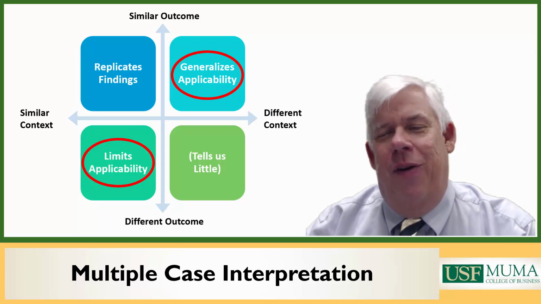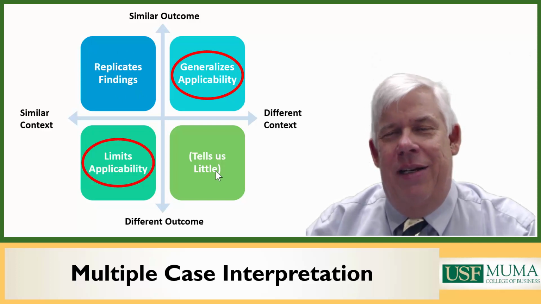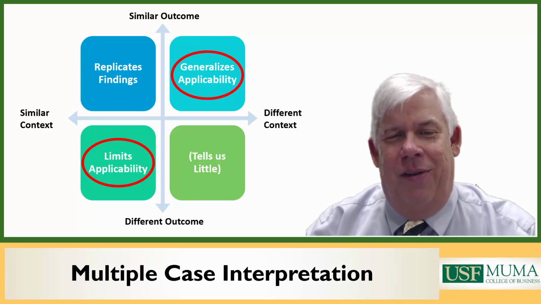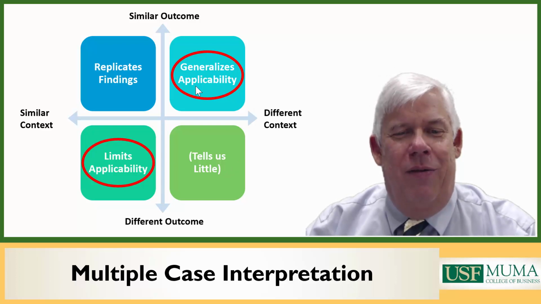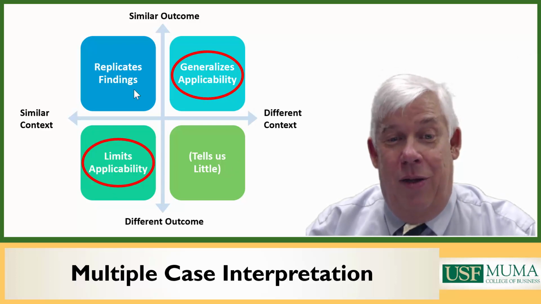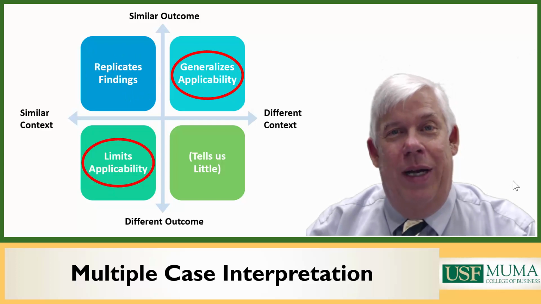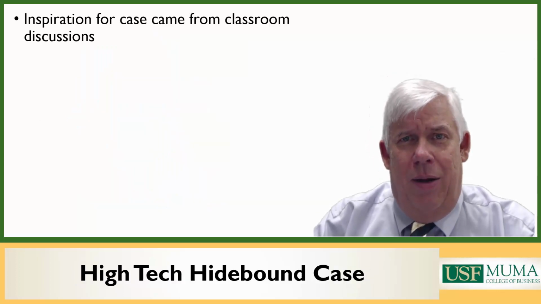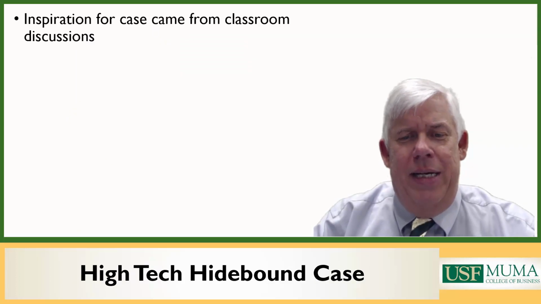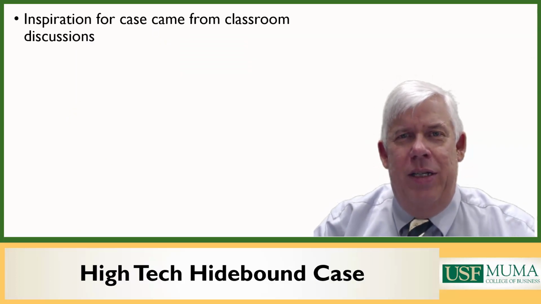The replication of findings is nice, and as I say, different outcomes, different context tells us little. So most of the designs that I talk about involve these elements. Sometimes they'll also include one of these if you want to have three cases. So the first case we're going to talk about is the High-Tech Hidebound case research.